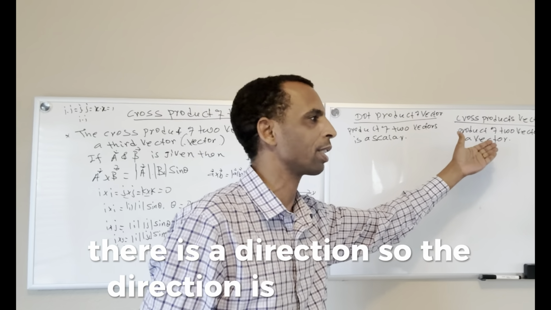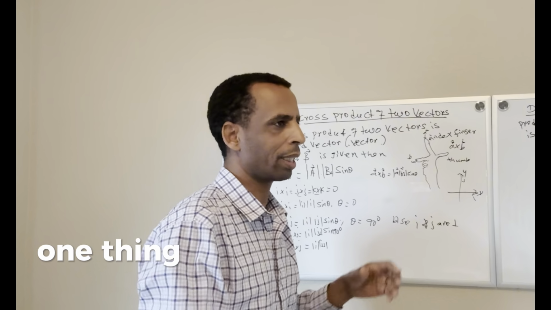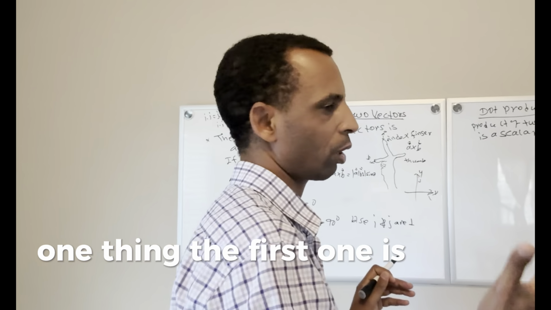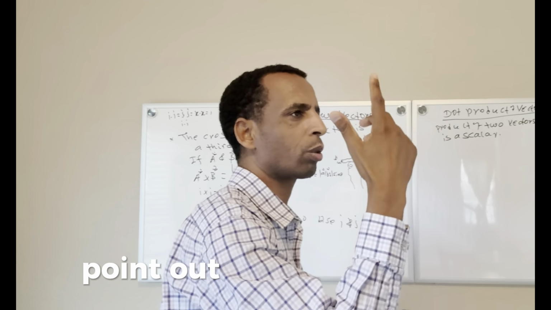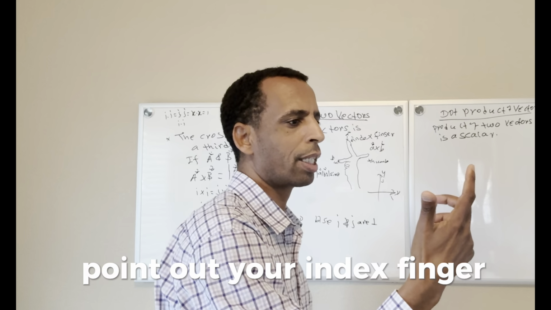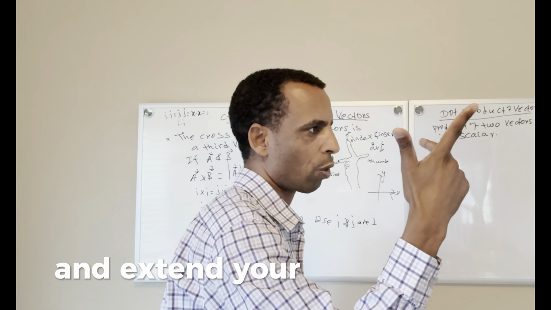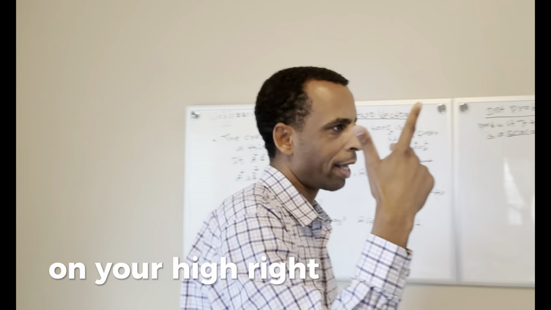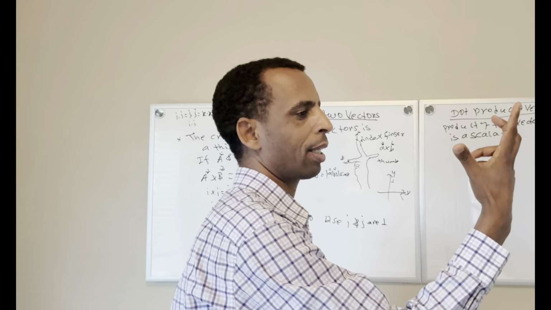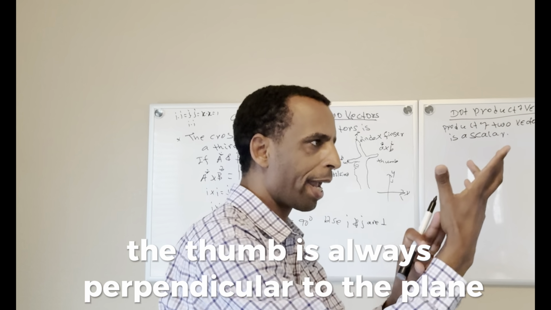The direction is determined in two ways. The first one is we can use our right hand: point out your index finger and extend your middle finger, and the thumb is always perpendicular to the plane.